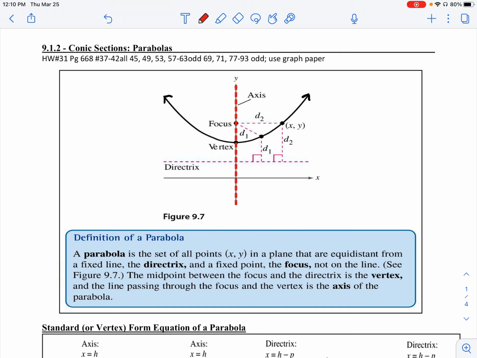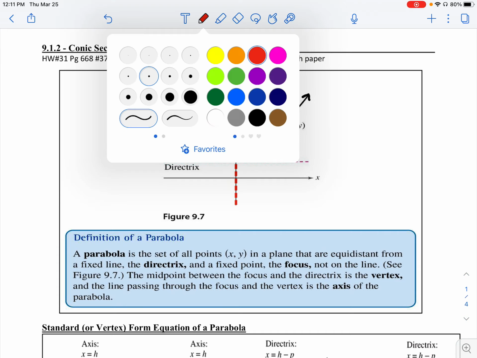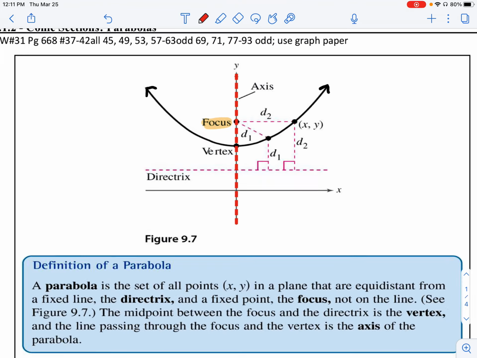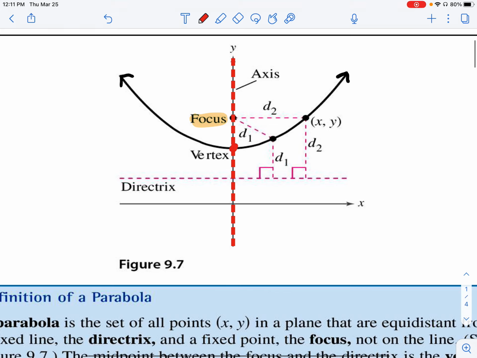We know that the vertex lies on this axis of symmetry, but also on this axis of symmetry, there is something called the focus here. And a focus is a point that lies on the axis of symmetry. And the distance from the focus to our vertex here, we often label as our p-value, but we'll come back to that a little bit later.